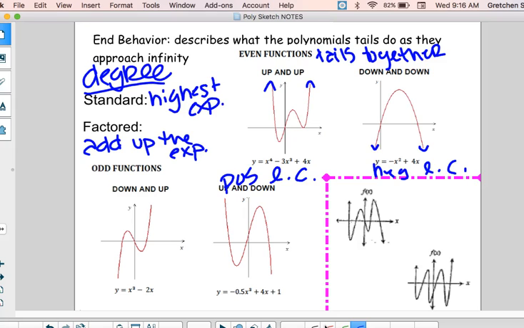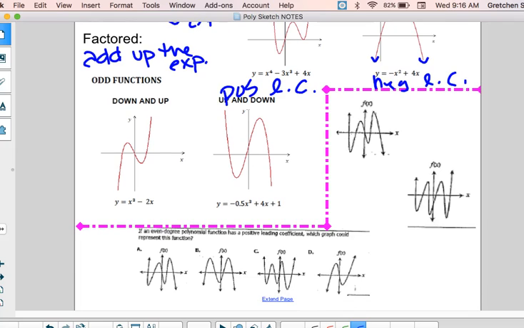When it's odd, that's where things get kind of weird, because if you have an odd degree, then your tails go separate. So as you can see there, instead of them both going up, you have one of each. This very first one, do you have a positive or a negative leading coefficient? Positive.